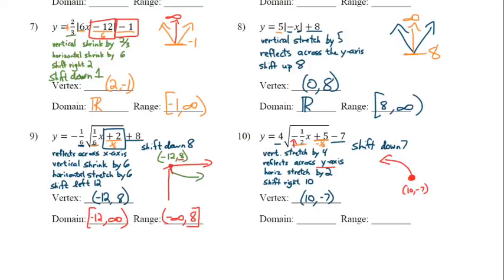So your domain is going to go from negative infinity up into your x value. So negative infinity up to the x value is 10. And your range is going to go from negative 7 up to infinity. So it's going to start at that negative 7 and go up to infinity. And that's how it works. Pause if you're still writing.